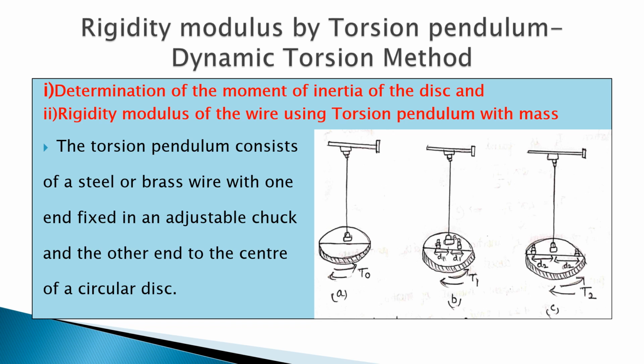T0 will be obtained by making the disc undergo oscillation without any mass above the disc. T1 will be obtained by making the disc undergo oscillation with equal weights placed above the disc at very close distance. T2 will be determined by keeping the cylindrical masses at long distance between each other.